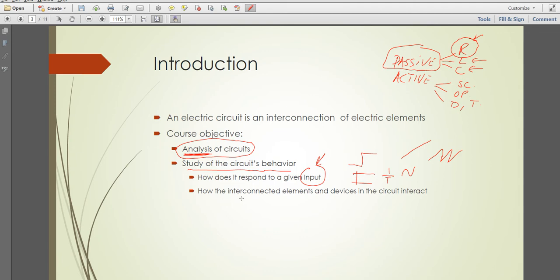And also we need to check how those elements, especially R, L, and C, interact with each other, especially once we reach the last topics, where we have R and L together, in series or parallel, or when we have R, L, and C. Once you supply them, how L and C fight each other and dominate the circuit. Those are the things that we need to analyze and understand during this semester.